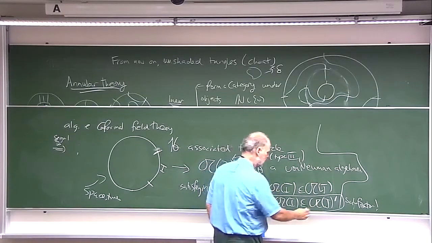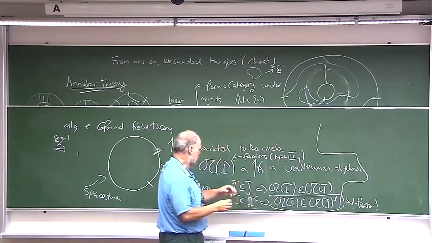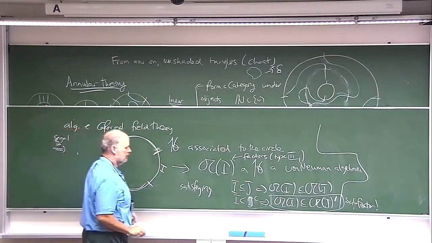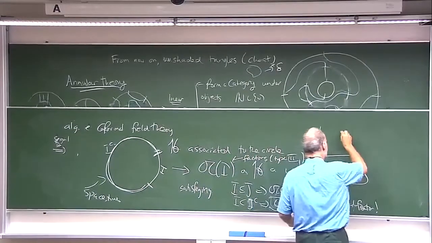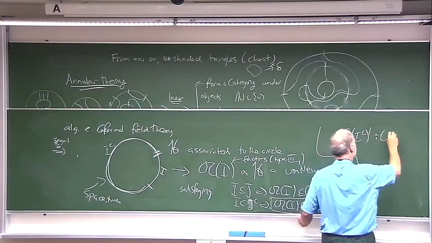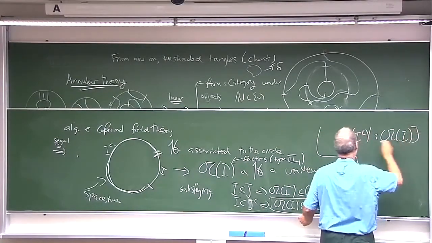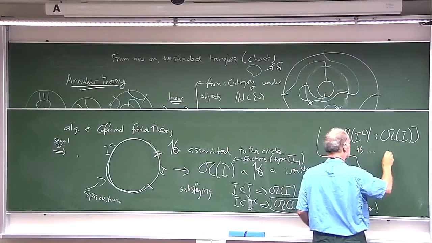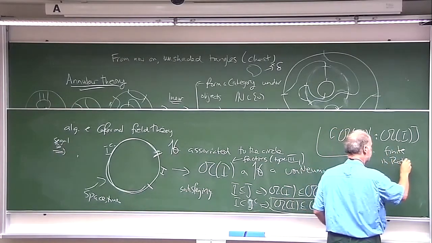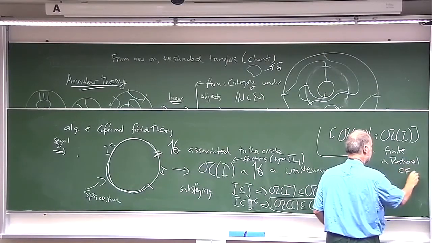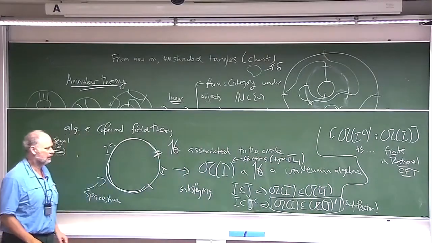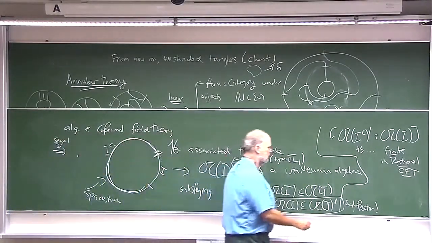And if you make J equal to the complement of I, so we have I here and I^c here, then the prediction is that the index of A of I^c prime in A of I is finite in rational conformal field theory. This has actually been proved by Wassermann in some cases and extended to lots of other cases by various other people.